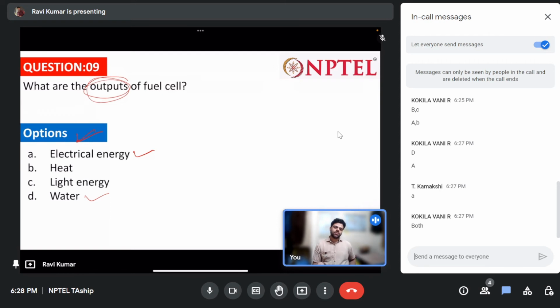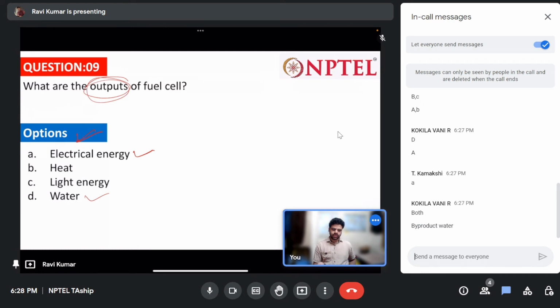And what about B or C? Byproduct is water, right? So if I am saying O2 plus 4H gives H2O, so this reaction is endothermic or exothermic?